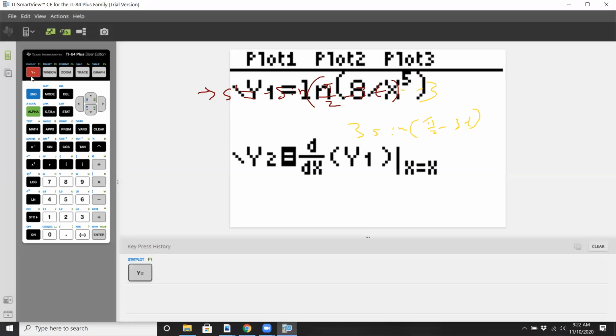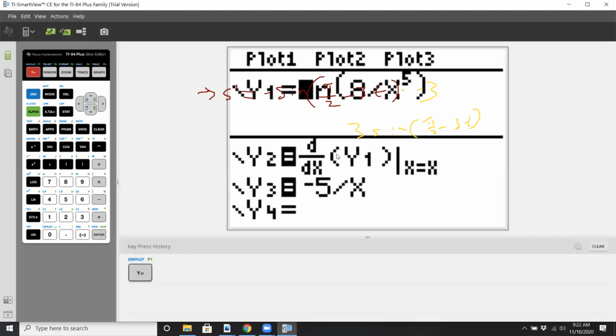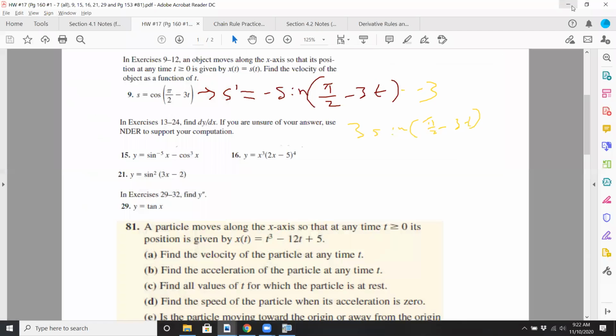Remember, you just type in your function, and then for y2, you do d dx of y1, x equals x. And of course, whatever you get by hand, put as y3. Y2 and y3 should be identical. This one involves a log, actually, and we're going to do those kinds of derivatives next Tuesday. So remember, you can always verify on your calculator by putting the original expression as y1, y2 as the derivative, and y3 as what you get by hand for the derivative. Y2 and y3 should match up.